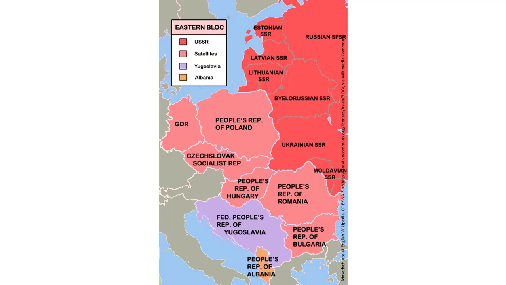The US, meanwhile, wanted free elections to take place so that people in Eastern European nations could decide for themselves who would lead them. Eastern Europe fell to communist control gradually. At first, political parties that included former Nazis were prohibited from partaking in elections.